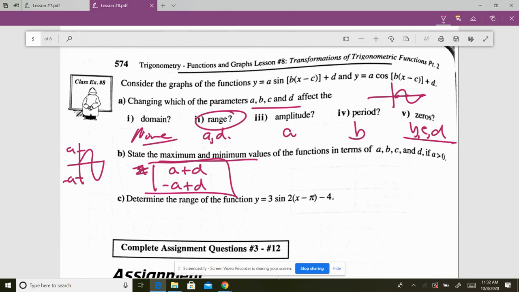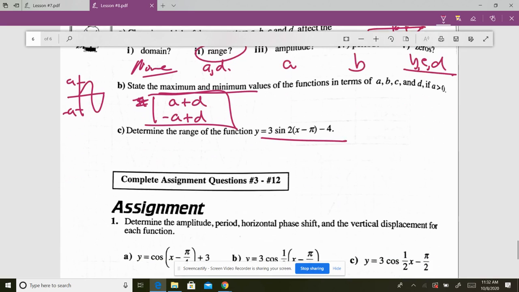So for example, if I have this function here, and I say, what is the range of this function? The only 2 things that affect it are our A value and our D value. So to get the range, I just go 3 plus negative 4, gives me negative 1. And the negative of 3 plus negative 4, which gives me negative 7.